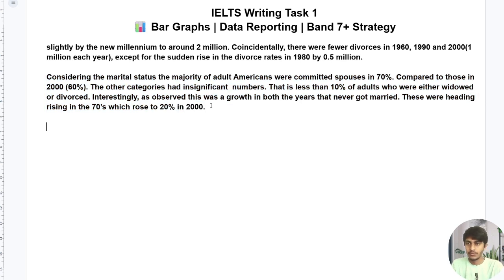So now we move to the last, the overall paragraph. Our overall paragraph starts with "Overall".